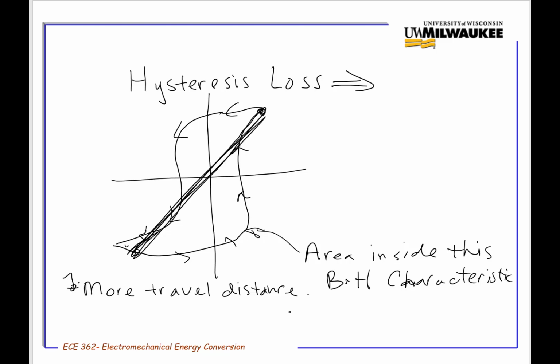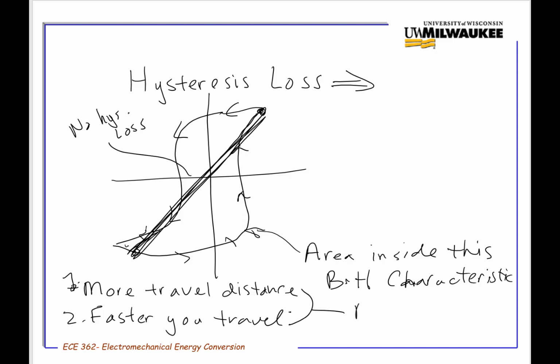And there wouldn't be any area. That's like no hysteresis loss. So the wider the curve, the more loss. Number two, the faster you travel, you also get more loss. So these two things give you more loss.